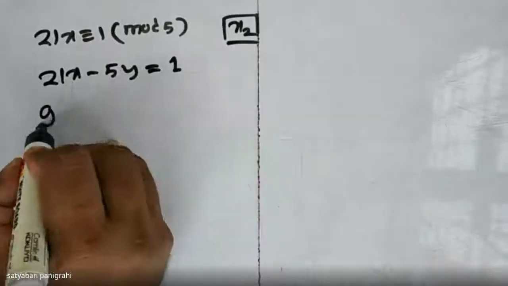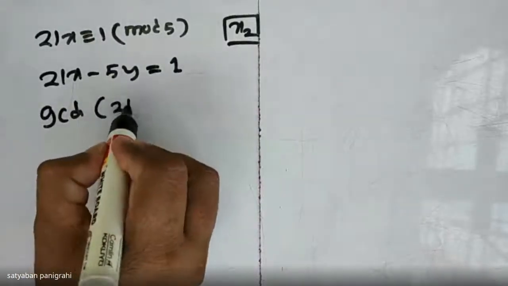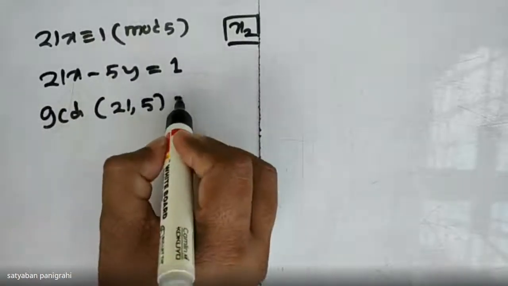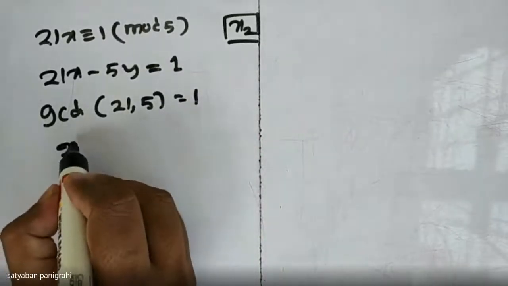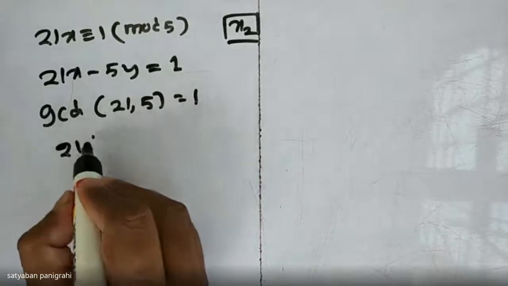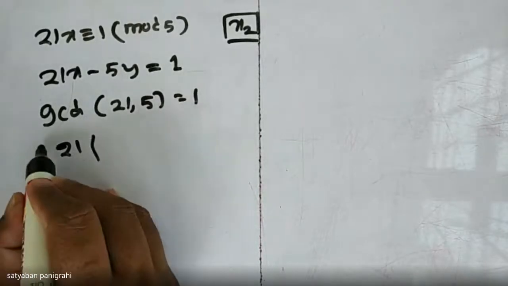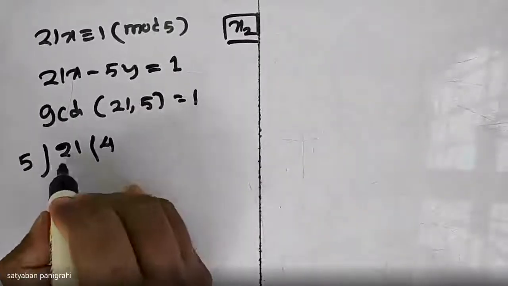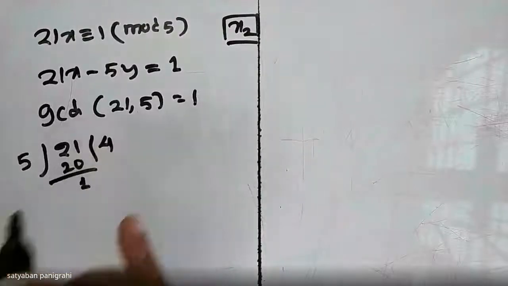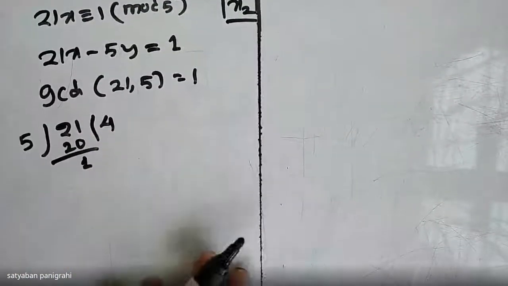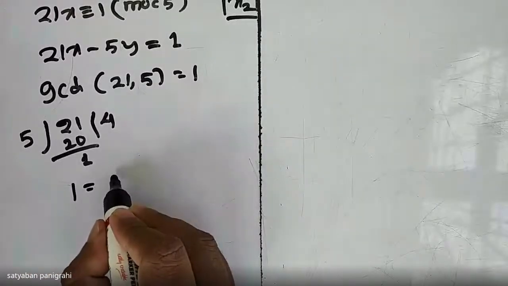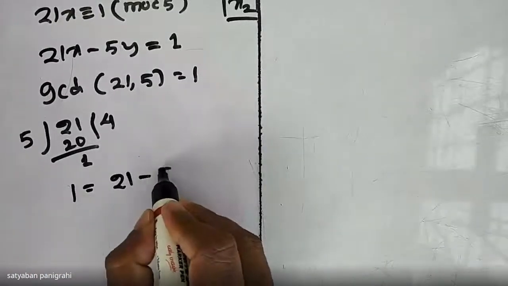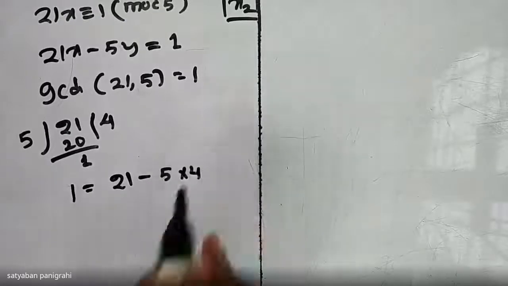Now GCD of 21 and 5 equals 1. Apply the Euclidean algorithm. 21, 5, 4, 20, remainder is 1. So we are writing 1 as 21 minus 5 into 4.